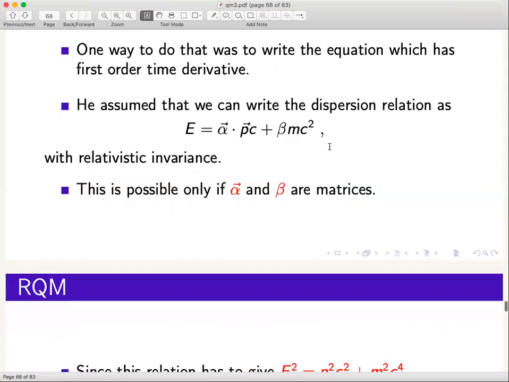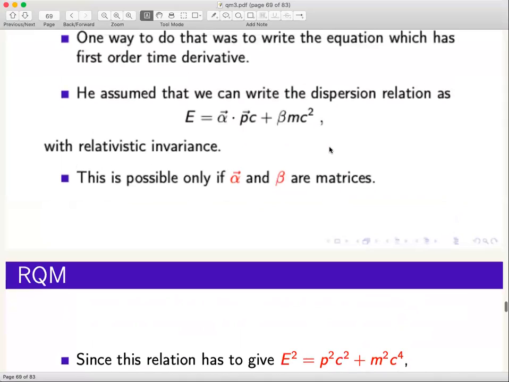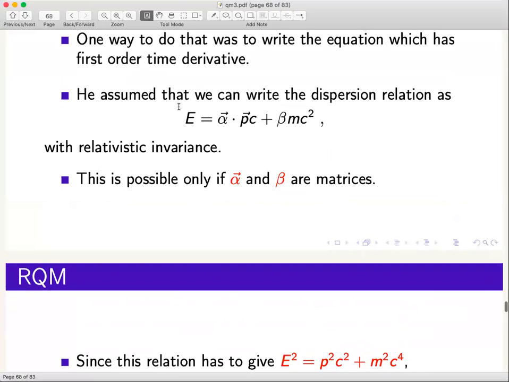Then you have to ensure that the energy spectrum is real, and because it is real, the Hamiltonian that you write down must be a Hermitian operator. Similarly, if you are studying, say, a free particle problem, then the momentum is a good quantum number, and therefore the momentum operator should be Hermitian.